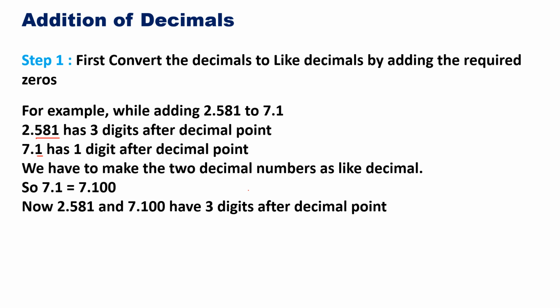So what we'll do now? In 7.1 we'll add 2 more zeros so that it will be 7.100. So now they have 3 digits after the decimal point. So 2.581 and 7.100 now have 3 digits after the decimal point, and these two decimals are now like decimals.